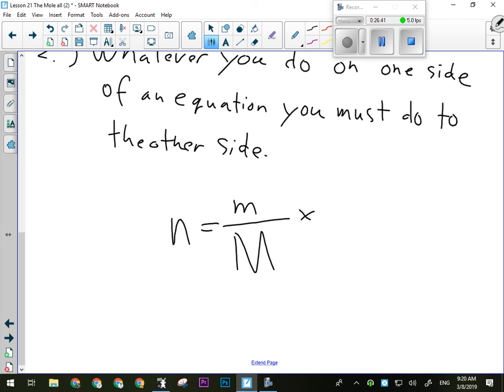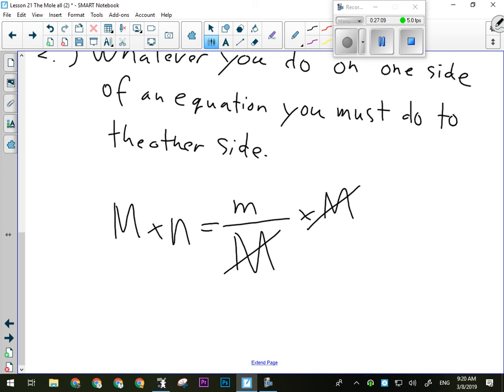That means I multiply by big M. When I do that, I have big M divided by big M, which equals 1. So it cancels. All right, now big M is gone from that side of the equation. But what I do to one side, I must do to the other. Now I moved big M over to the other side. And that was all I had to do.